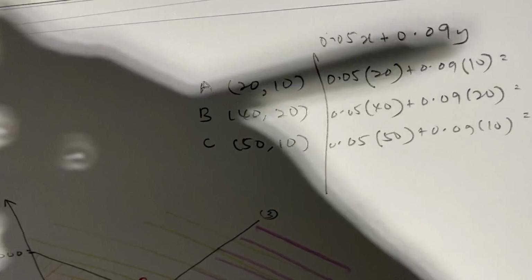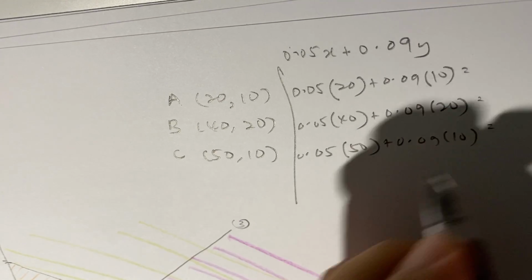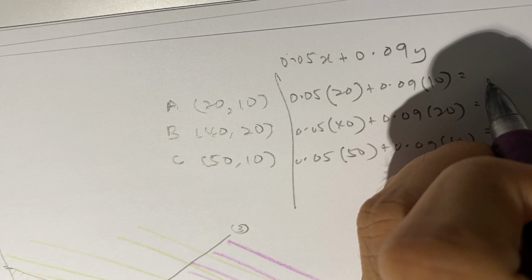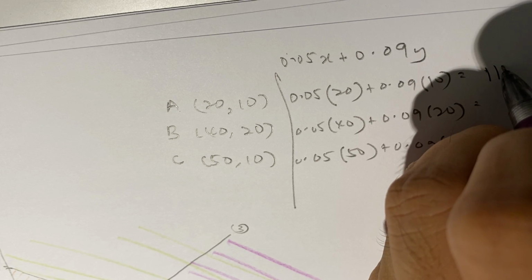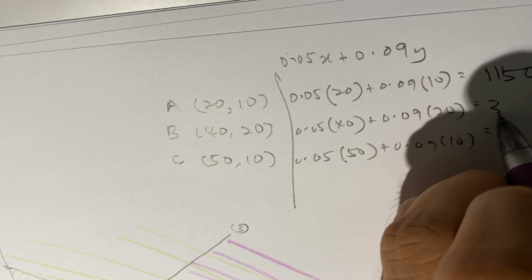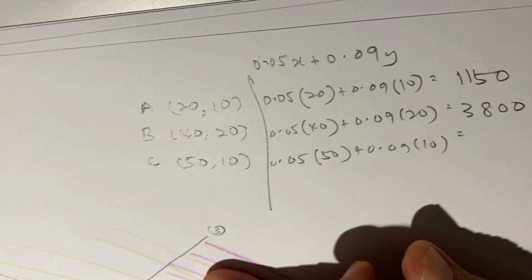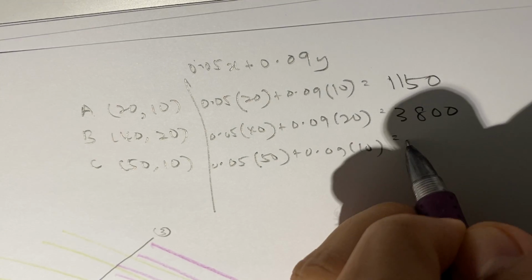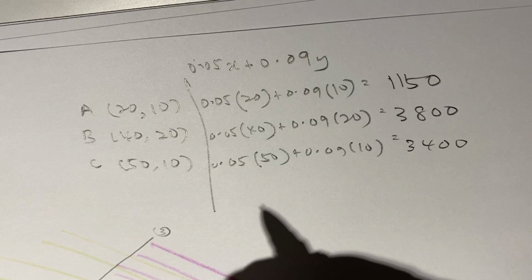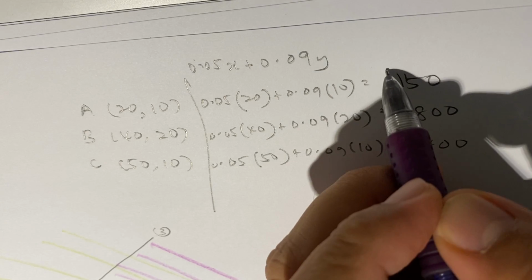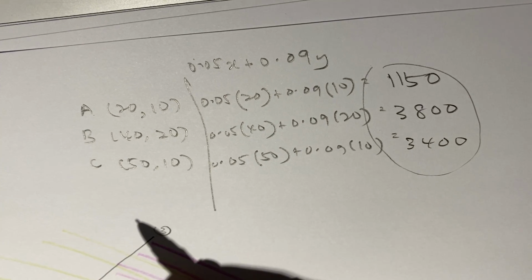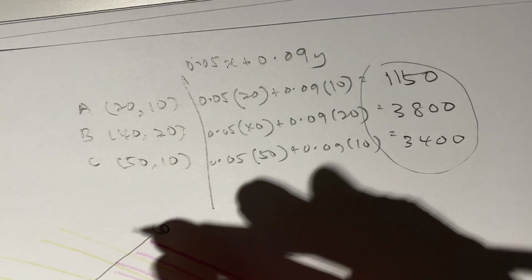Now use your calculator and this will give you 1,150, this is 3,800, and this will give you 3,400. Now when we compare these three, which one gives us the maximum value, the highest return?